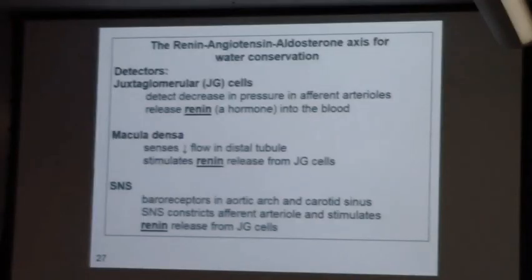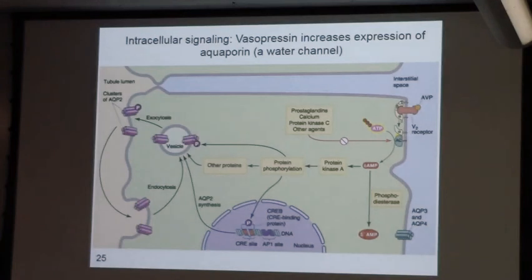You're remembering this slide, and you're saying, okay, if we have high cyclic AMP, we have high of this, but that's going to lead us astray because that's not the effect. The effect of cyclic AMP in the kidney is diuresis. So that's going to be a confounding effect, and that happens all the time in pharmacology.